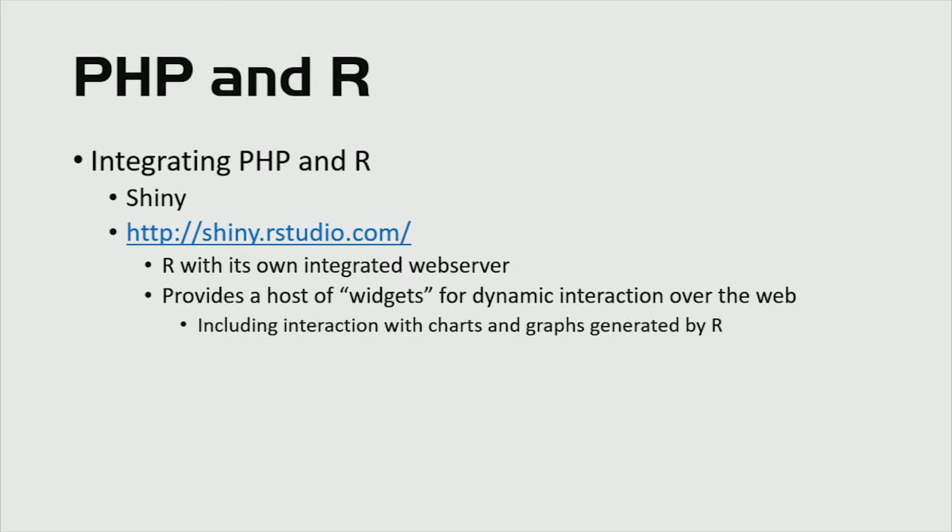And boy, for those of you that like front-end development, it has a host of widgets for manipulating everything you're working with, and you can access it using curl or Guzzle again. So you just write little R scripts that'll take snippets of data. You can provide them as post data, as file data.